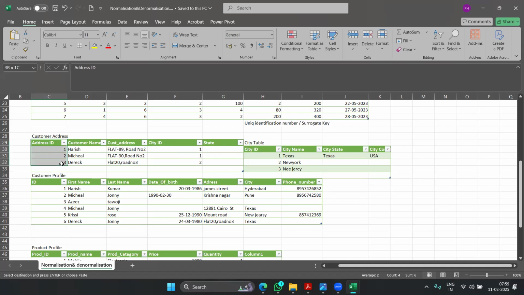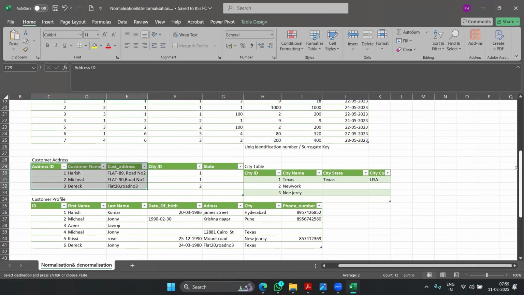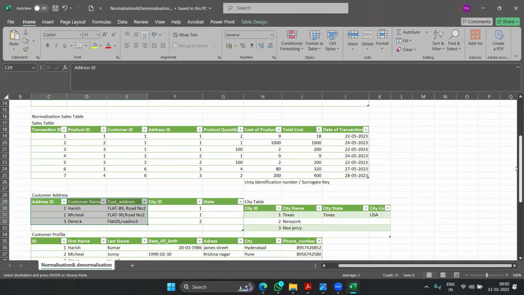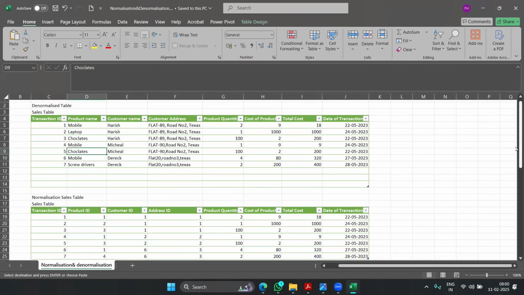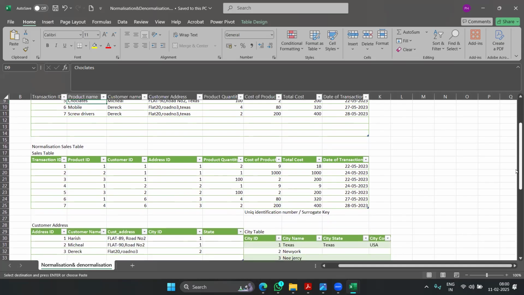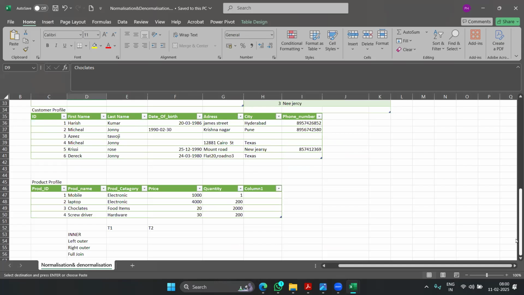Suppose we know a customer is going to come repeatedly, let us have a customer table, right? Similarly, you are going to use products, right? If you see here, I'm going to purchase chocolates. Like me, there would be different customers purchasing chocolates. So every time if I write chocolates, it's going to take more space. So I'm going to create a customer table and a product table separately, right?